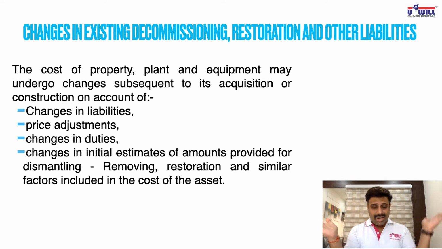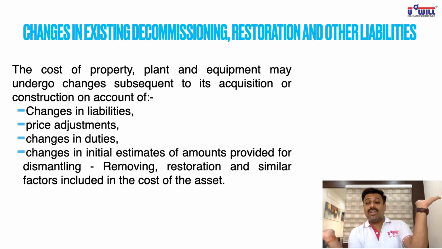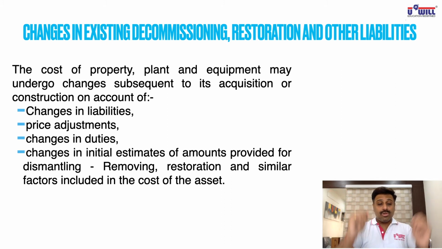In the balance sheet, your liability increases by 4 lakhs. So on the asset side, the asset's value also you will increase by 4 lakhs. This is how we have to change the value of asset in future. Similarly, we have to change it for price adjustments, and similarly we have to change it for change in duties also. From 18%, if your GST becomes 5%, you will decrease the liability and the asset's cost also. From 18 it becomes 27%, you will increase your tax, and you will increase your asset value also.